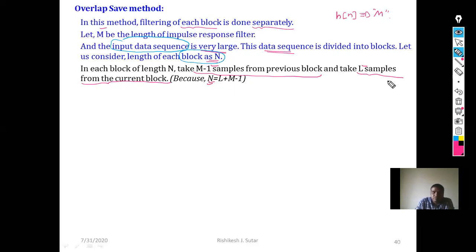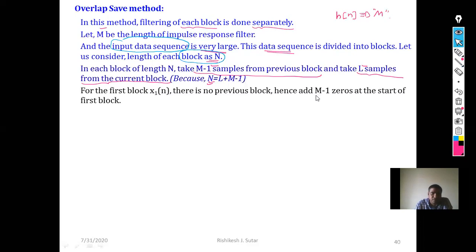In the very first block, you don't have any previous block, so you have to add M minus 1 zeros at the start of the first block.